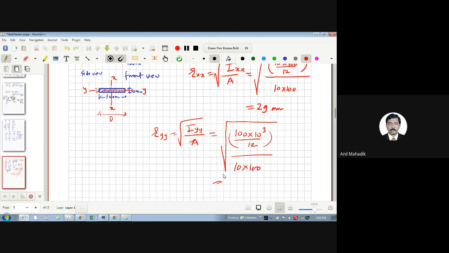It will be something like 2.8 mm. See, this value is high and this value is less. RYY is less.